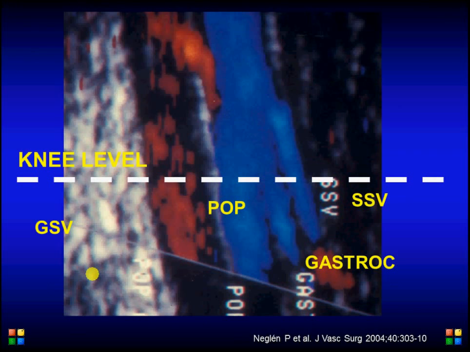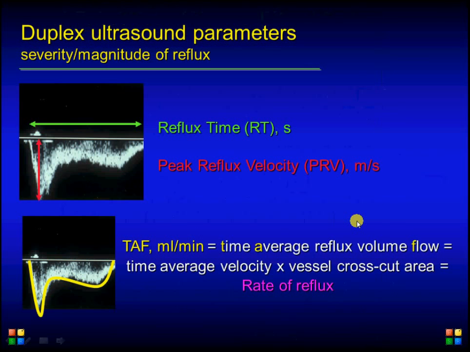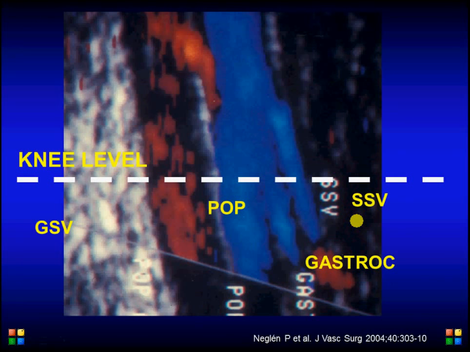We did a study where you took the level of a knee and you added up all the parameters at that level, which meant that you have the small saphenous vein, gastrocnemius, popliteal vein, and great saphenous vein.